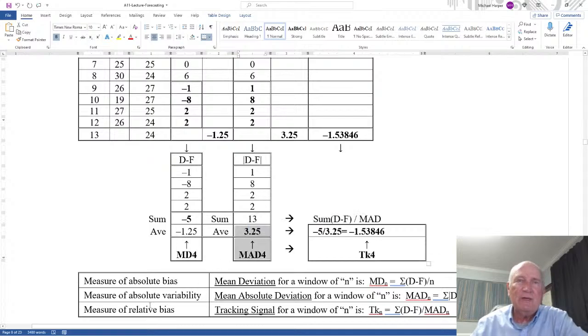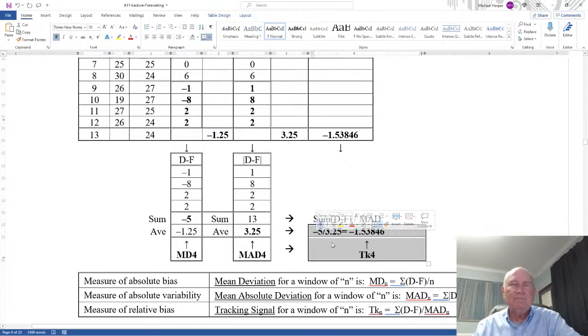Now the third measure is called the tracking signal. The tracking signal simply is a ratio. It's an index. You take the sum of the deviations, which is 5, and divide by the MAD, which is 3.25, which I did right here, which is a -1.53846, and that's a tracking signal with a window of 4, because I did this with the last 4 values. So let's interpret this.